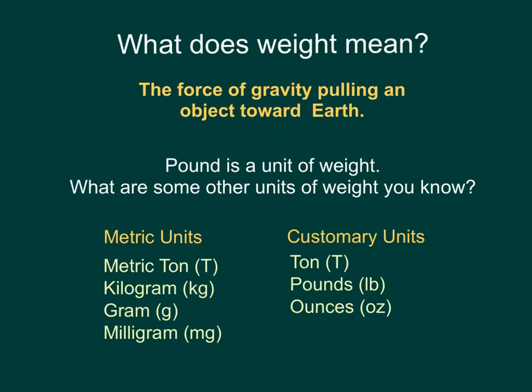In the metric units, we hear terms like a metric ton, kilograms, grams, milligrams. The base unit primarily being grams. In the U.S. customary system, we have terms like ton, pounds, and ounces.